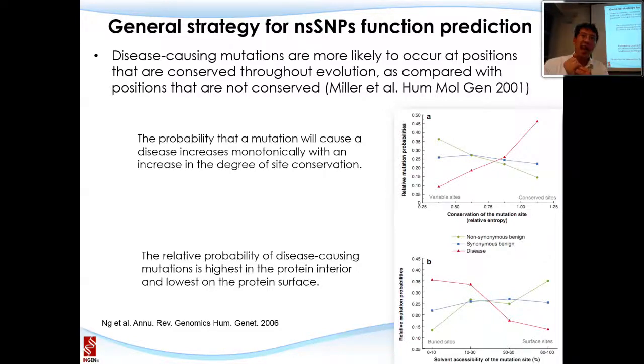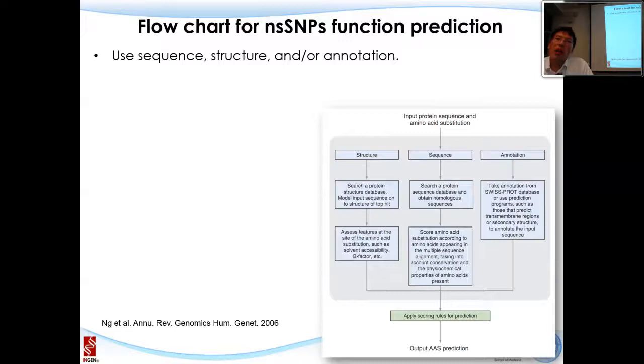If it's inside, especially when the charge or the size is altered dramatically, that will cause the entire protein structure to be deformed or fold in a different way. That is one of the reasons why SNPs inside the protein structures can be more important.